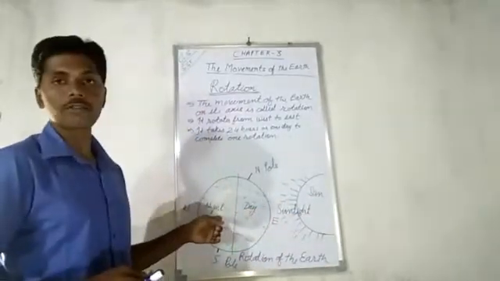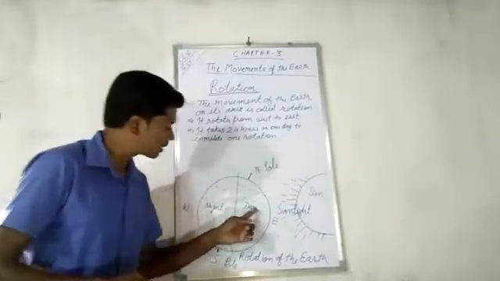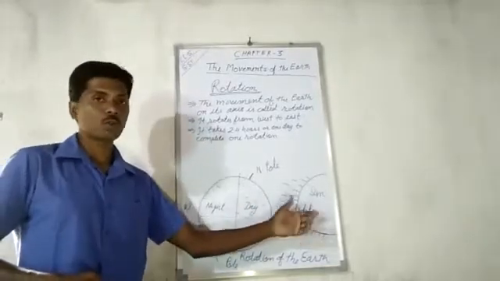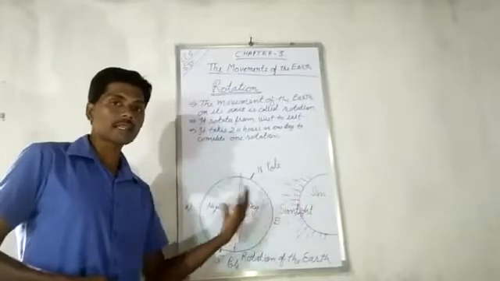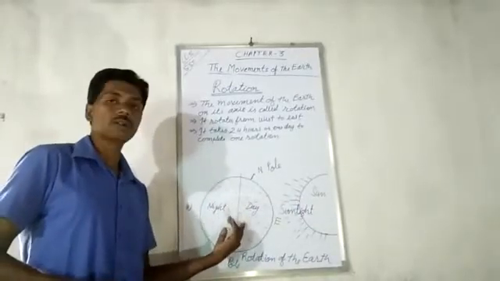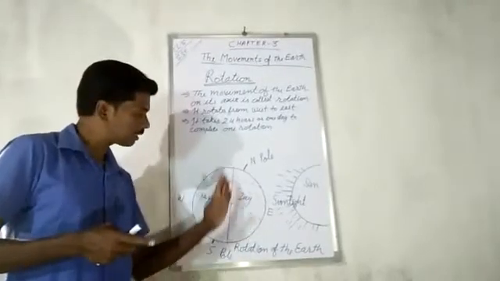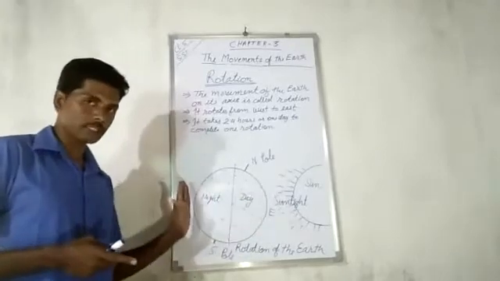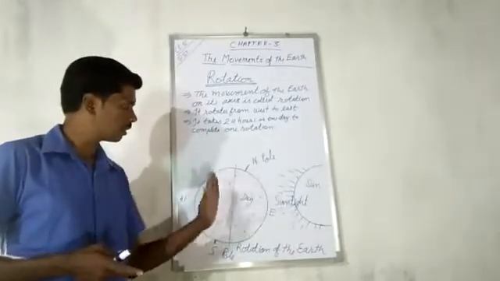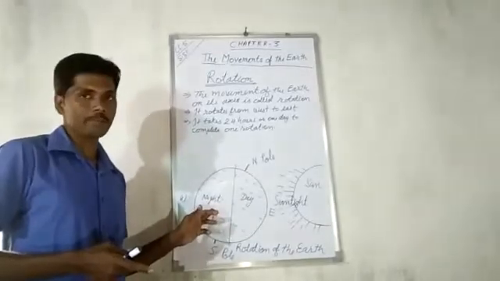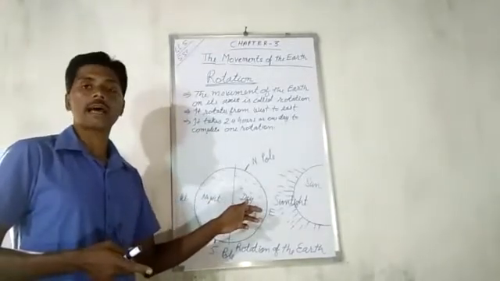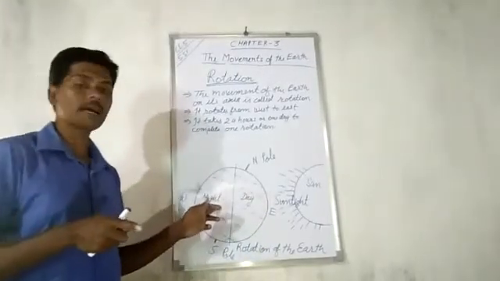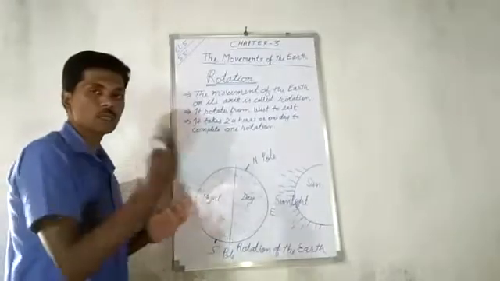So you can see here in this figure, the side which is facing the sun, the sun rays are falling on the earth, and that side has day, and just opposite of the sun has night time. Okay, the facing part has day and the opposite side has night. In this way it is rotating.